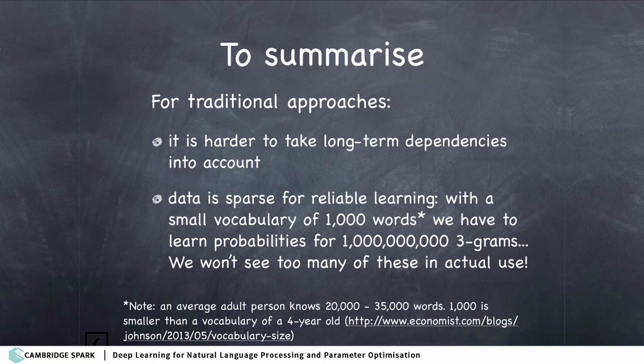Even with a very small vocabulary of like 1,000 words, which is much smaller than the vocabulary of an average adult person, we would need to calculate the probabilities of 10 to the power of 9 different 3-word sequences. And most of those we wouldn't see in the actual data, so that would make our probabilities very unreliable. So that's just some of the limitations of those systems.